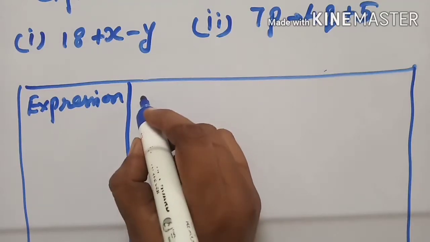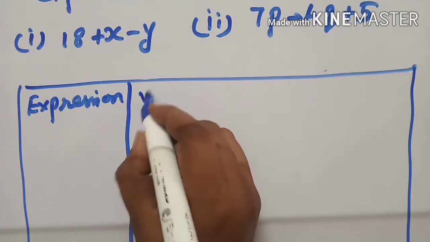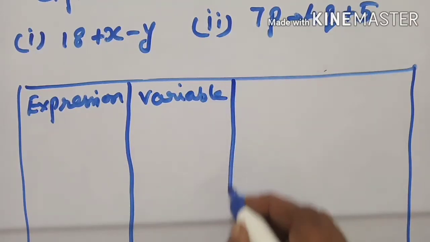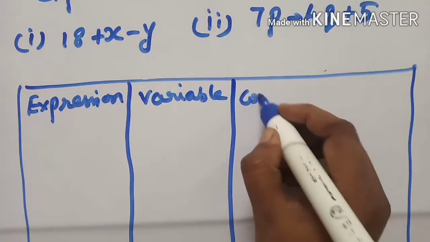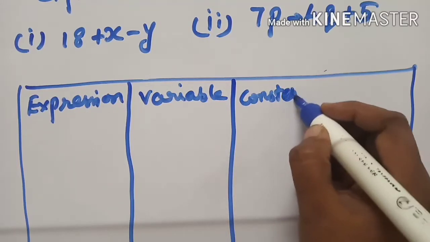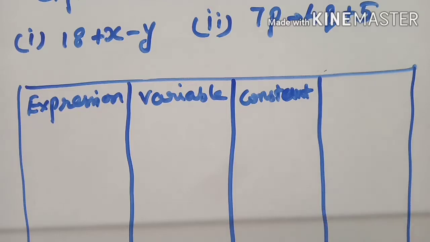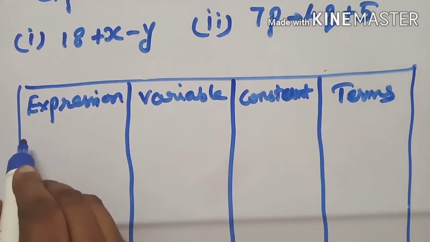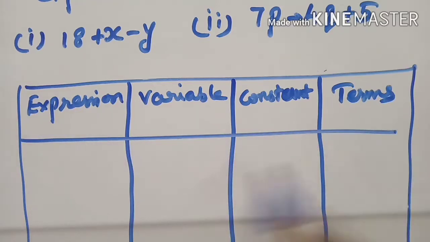Next one is variable. Next, constant. Next, terms.